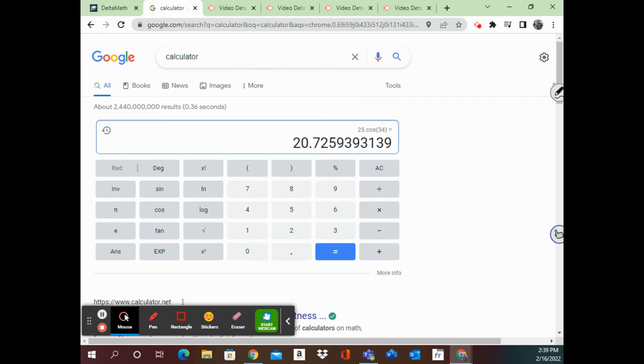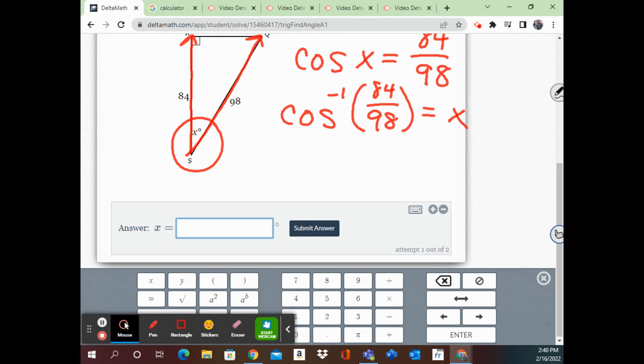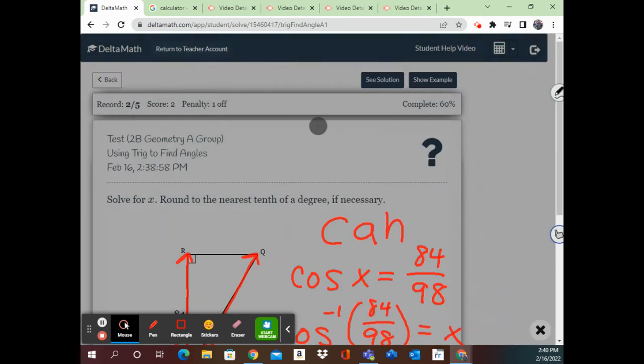So we go to our calculator, we go to INV, inverse. Now your inverse functions pop up. So I'm going to hit cosine inverse of 84 divided by 98, and it's going to give us an answer of 31. So I'll go back to my calculator, and I type in my answer of 31 degrees.